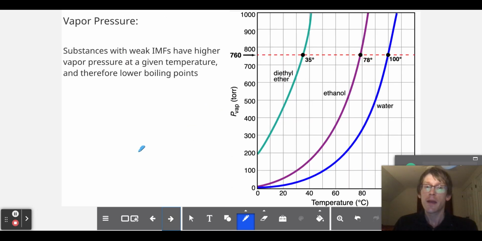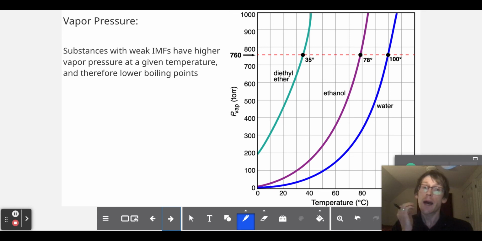So, on the topic of vapor pressure, there are differences among different substances. We know that water has a very high boiling point relative to ethanol or diethyl ether, and that's owed to the great strength of hydrogen bonding in water. Ether has not even really a dipole moment at all, so it only really experiences London dispersion forces.